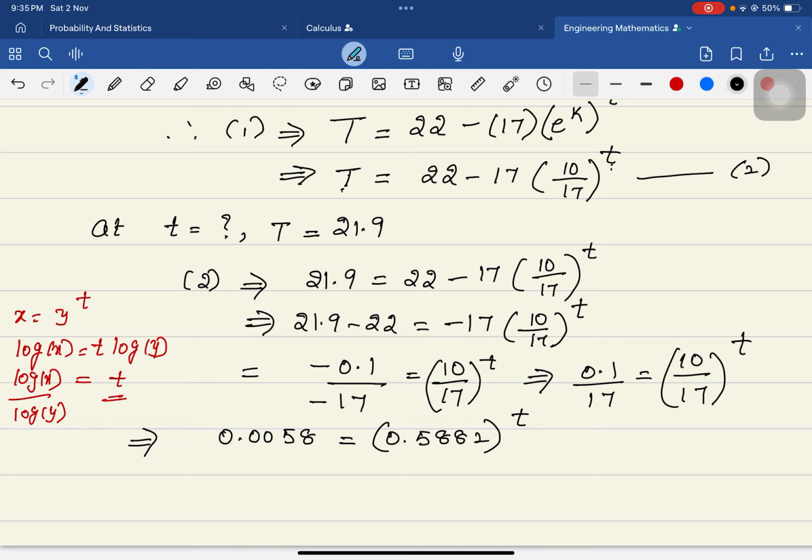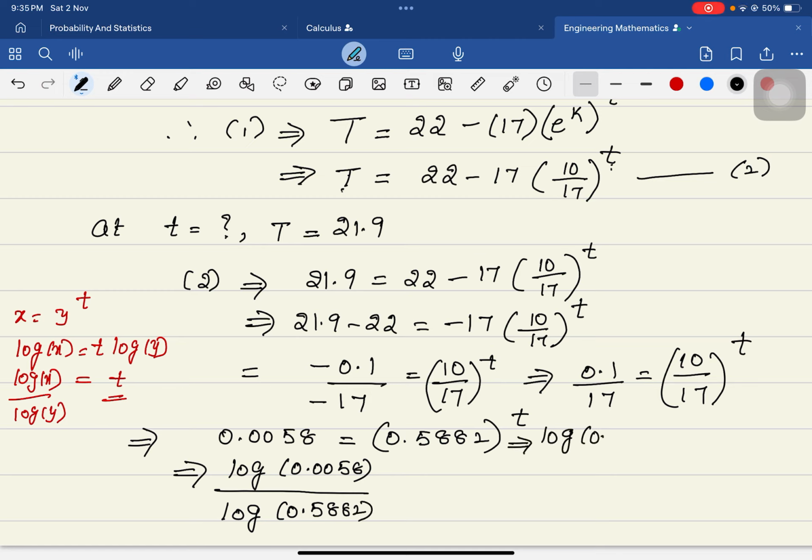That is log of 0.0058 over log of 0.5882. Otherwise, log of 0.0058 is equal to t times log of 0.5882, right?